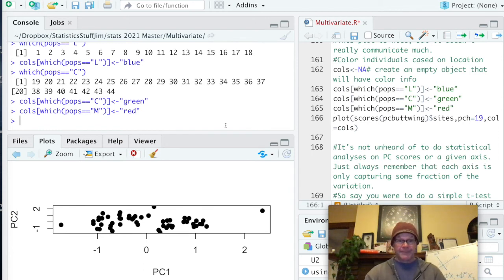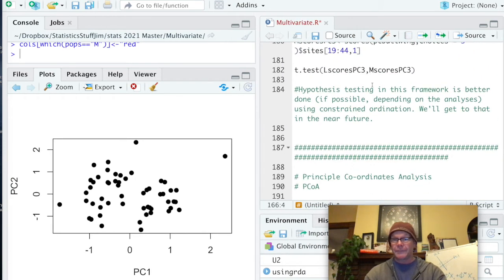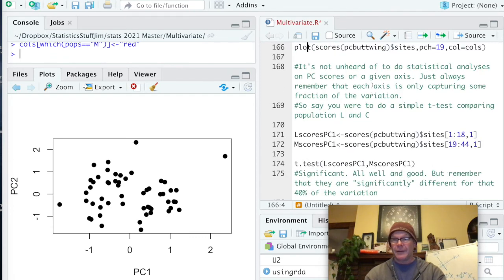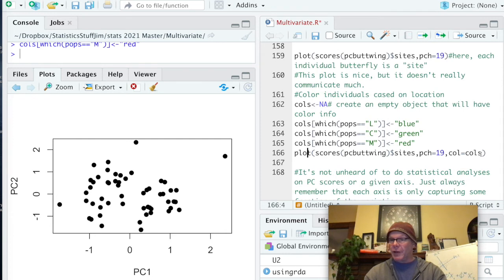So now I can look at this plot. And I'm going to introduce this additional argument called col. Where am I? There I am. This additional argument called col, which is going to tell R what color I would like all of those dots to be.